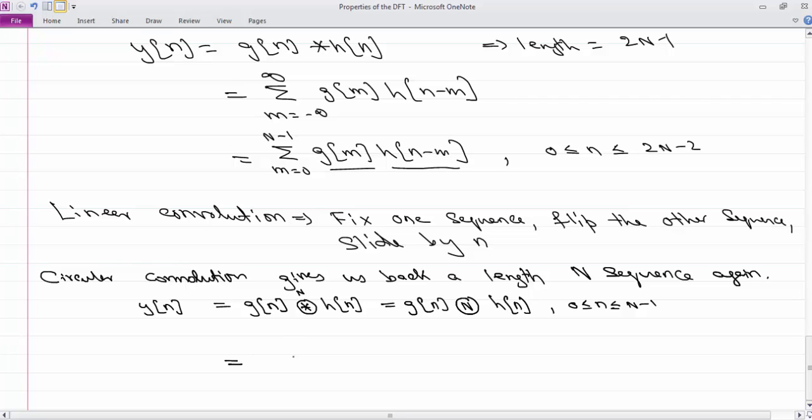So we'll stick with the previous version, which is that you fix one sequence, g[m], and the summation still remains the same, to N minus 1. Now, the difference that comes is that in linear convolution, you flip in a linear fashion, and then you shift in a linear fashion. So instead of h[n minus m], in circular convolution, what you write is h[(n minus m) mod N].